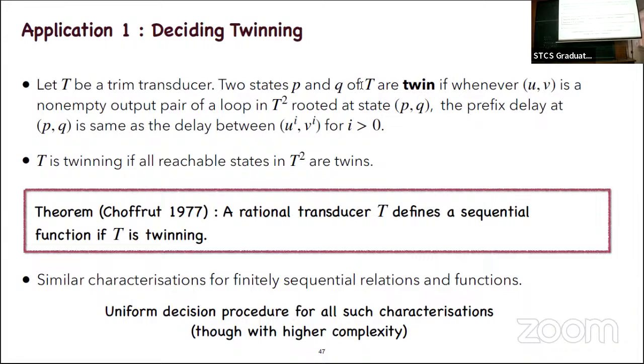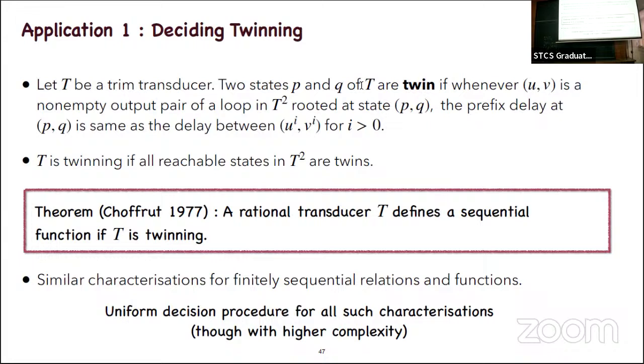I'm saying that a rational transducer T defines a sequential function. When I talk about this T, it is a rational transducer, which is non-deterministic, and T need not be deterministic. But T contains only useful states, in the sense that every state is reachable and every state is co-reachable.